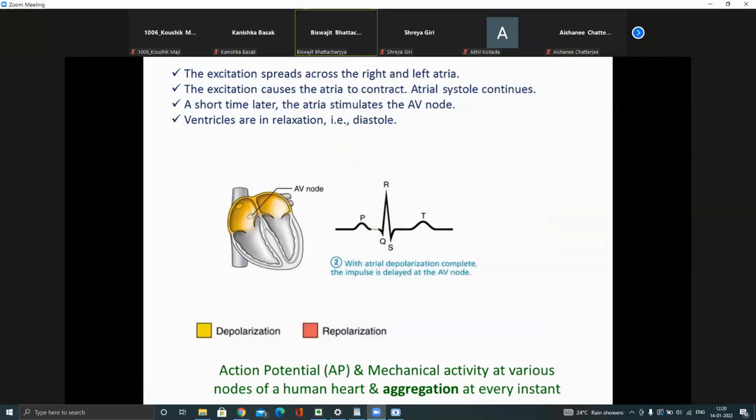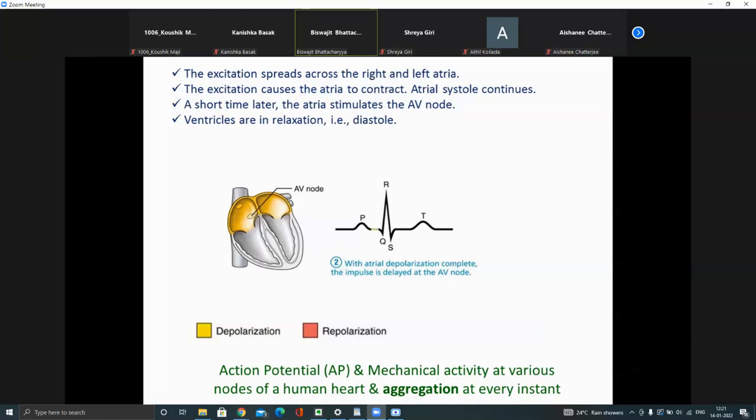Next, what happens? The depolarization spreads to the entire atrium, entire atrial region. And this excitation or depolarization causes the atria to contract. Atrial contraction or systole continues, and a short time later the atria stimulates the AV node.